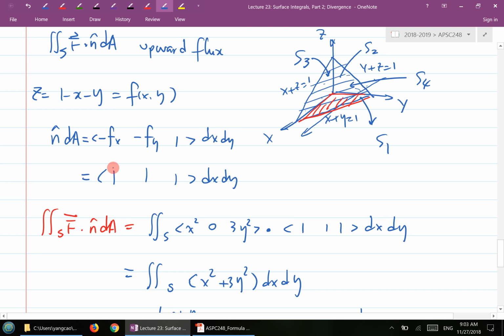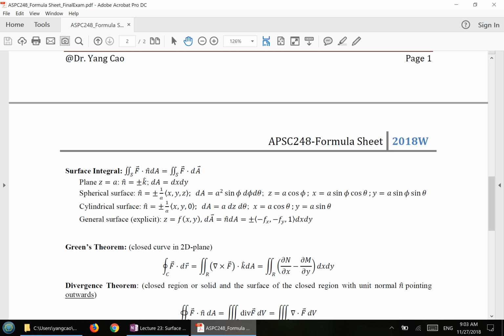So for the S2, actually I'm not separating n hat separately, right? Because S2 is a standalone explicit function, case number 4. You don't have an n hat formula. You don't have a dA formula. But if you want to know the n hat formula, you have it in the lecture notes. You only have the n hat dA formula.